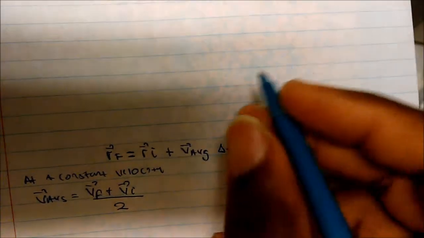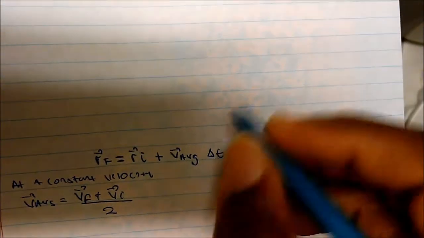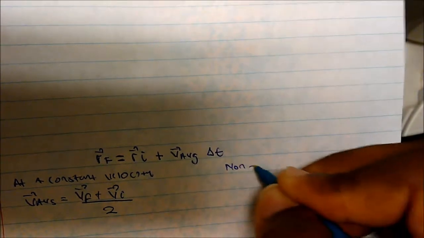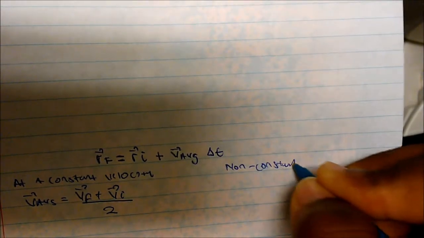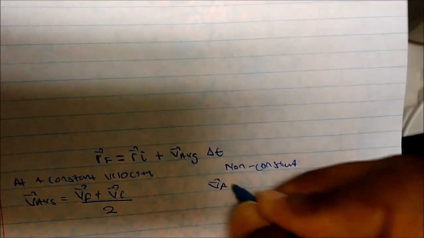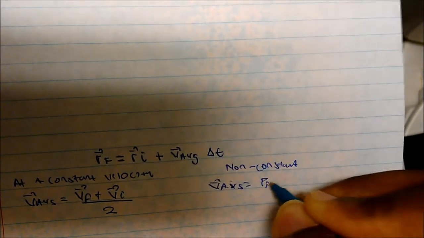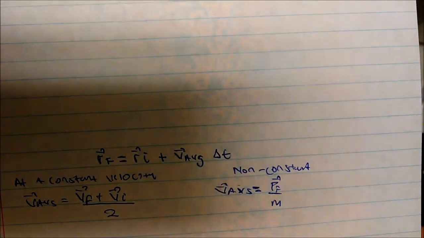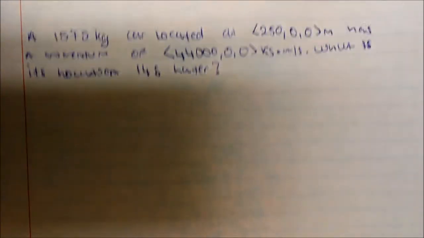When the velocity is not constant, we know v average is defined to be the momentum final divided by the mass. So that being said, let's look at the problem and see if we can apply this knowledge here.